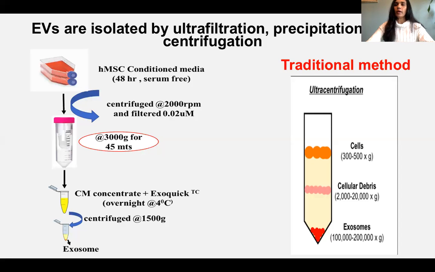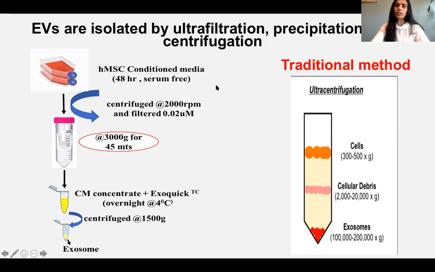Once we decided to go on with the study of EVs, we figured out how we can isolate them economically and faster. The gold standard for isolation of EVs is ultracentrifugation. But ultracentrifugation is a laborious process, and the yield is not very high. So we developed a method of our own where we combined centrifugation, filtration, and precipitation.